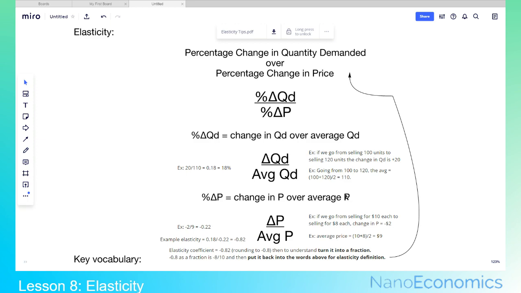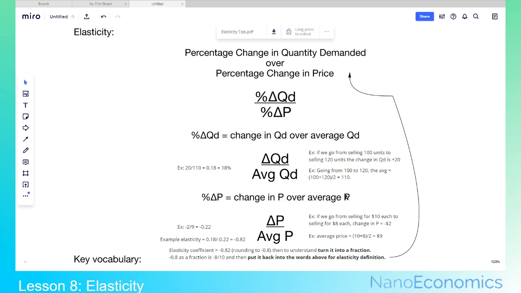So a couple of key things to keep in mind is you have to remember it's a percentage change and it's in quantity demanded. So the quantity demanded is more of a terminology thing. It would be hard to say it in a way that implies the whole demand curve is also shifting.